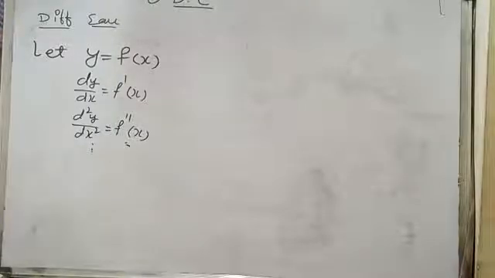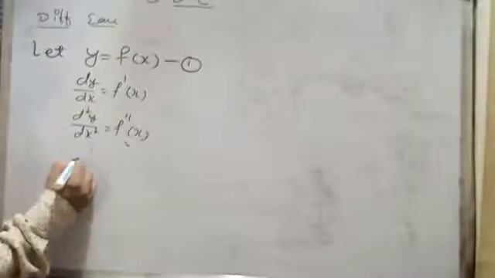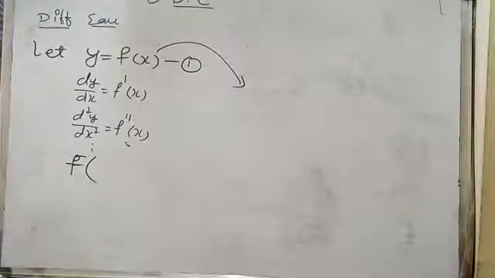So now I will write a function. This is the first function. Now I will write another function, you can see it here: y, some function f of. In the first function, what are there? x is there, y is there, that is, the dependent variable as well as the independent variable are there.